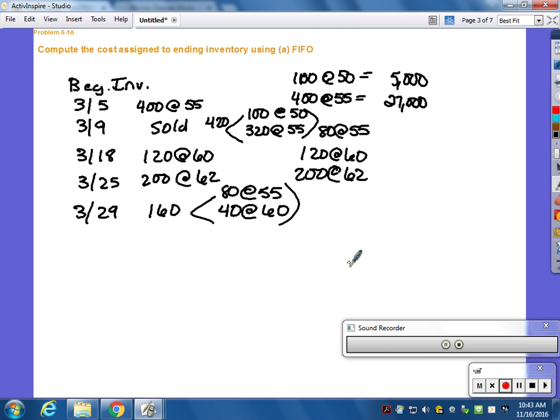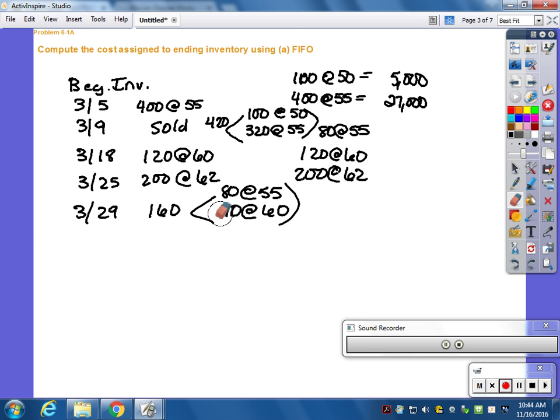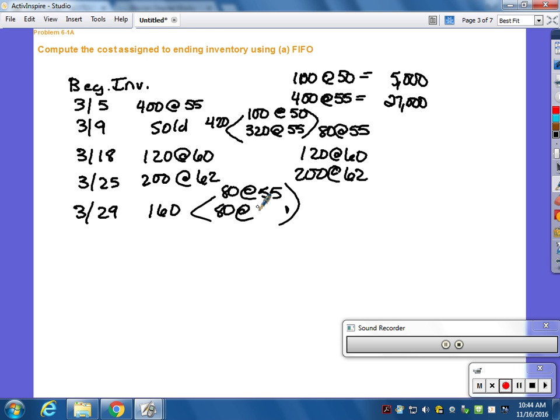This doesn't equal 160. 80 at 60, which leaves you with the ending inventory of what? 120 minus 80 leaves you how much? So you got 40. Everybody needs to shut those cell phones off. 40 at 60 and 200 at 62.